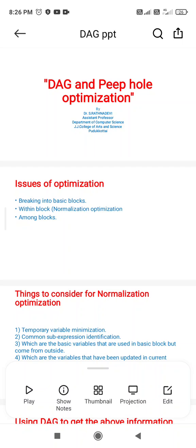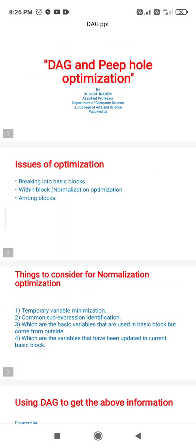In optimization, some issues come up. How can we break up the code? How can we break it into basic blocks, and then within the basic block level, how can we do the normalization?